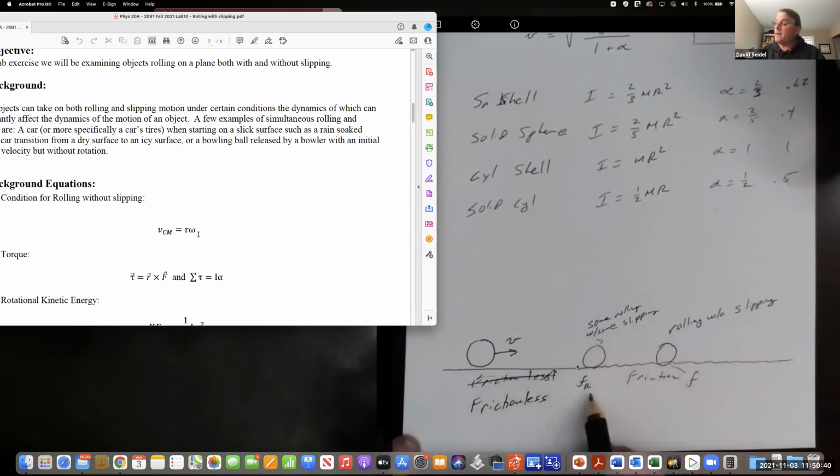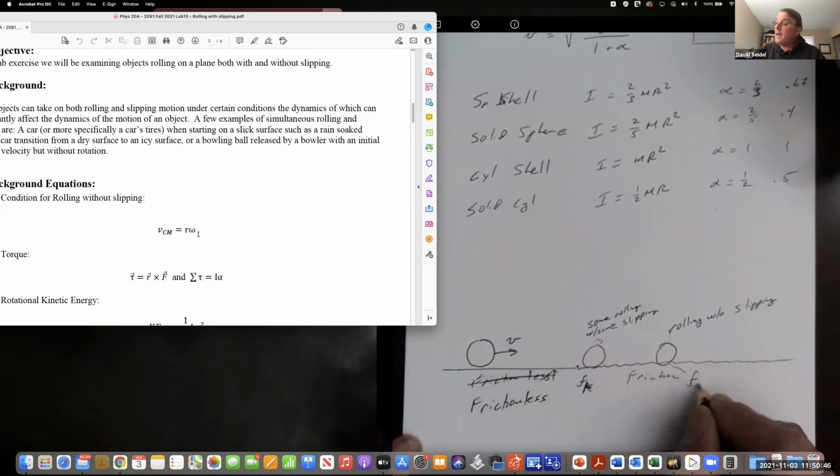Rolling with slipping, we'll have kinetic friction. Rolling without slipping, everything is static friction because the very bottom is at zero velocity. V center mass is going one way, the bottom is going the other way.